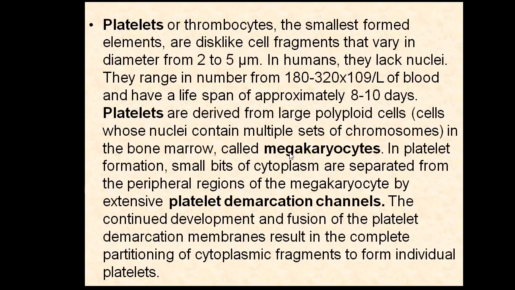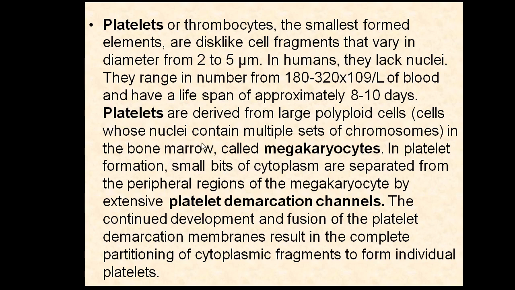And the last line in the hemogram takes the platelets or thrombocytes. You can see platelets or thrombocytes. It is a very small formed element, which is part of the cytoplasm of a very huge multinucleated cell, the megakaryocyte. These cells are present in the red bone marrow.